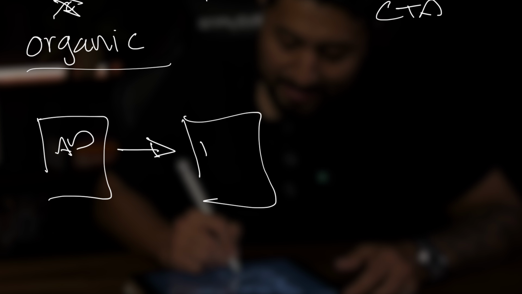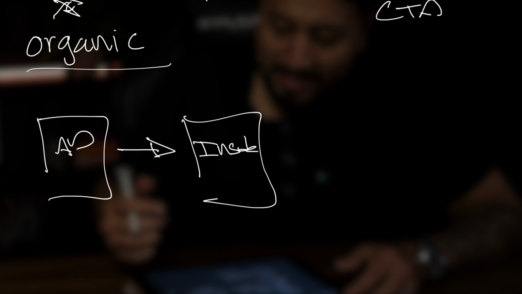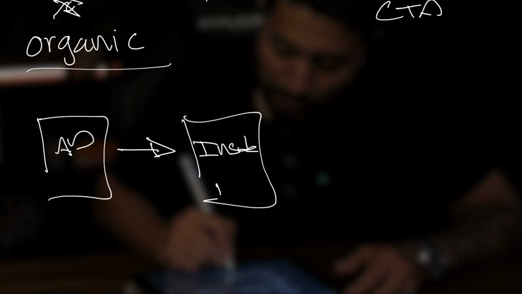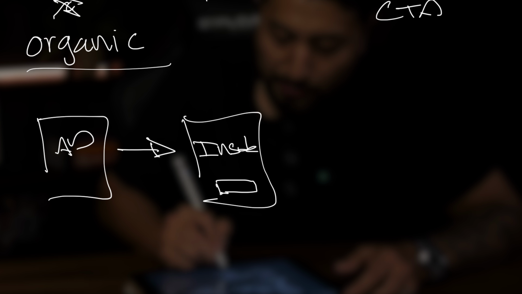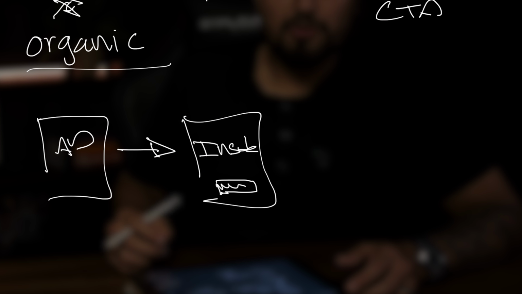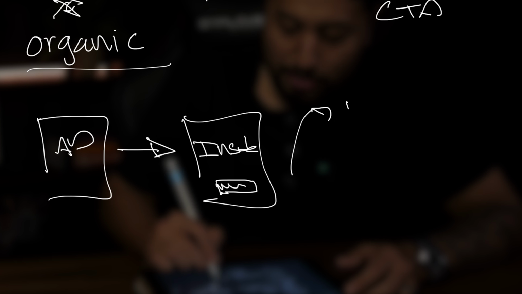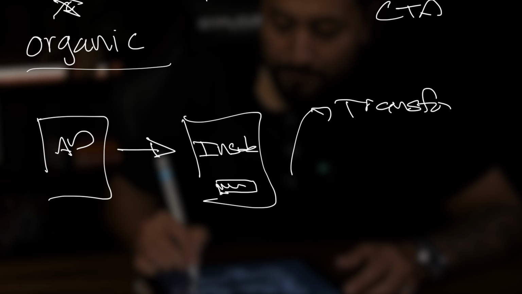So this is already inside the DMs. And the way that we set it up is that we already have the keyword here, so all they have to do is click on that one button, and it automatically sends the word transform, right?